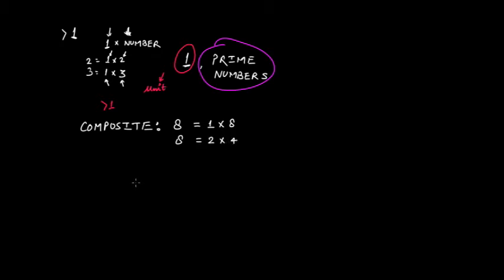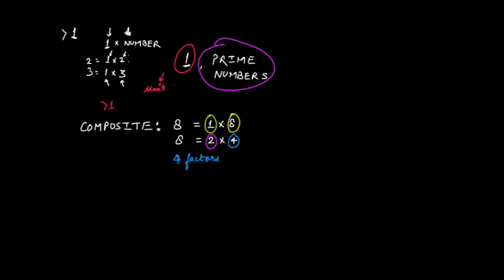Now you would notice that the number 8 has 4 factors. What are the factors? The first one is 1, the next one is 8, the next one is 2, and the next one is 4. So 8 has 4 factors.